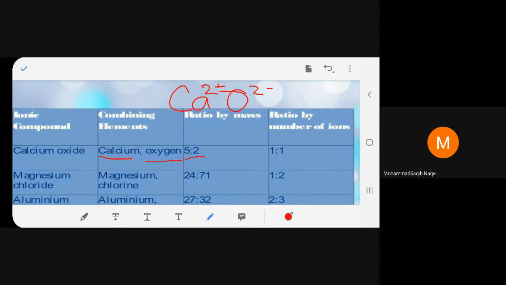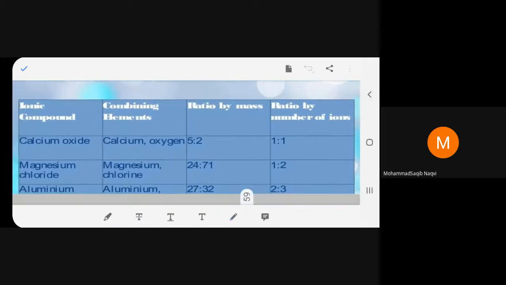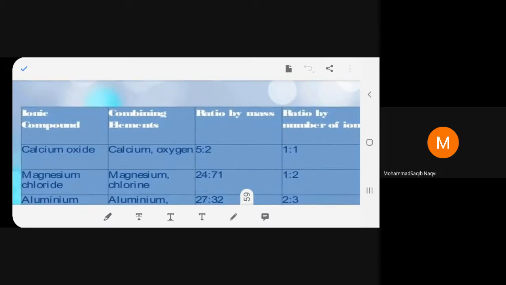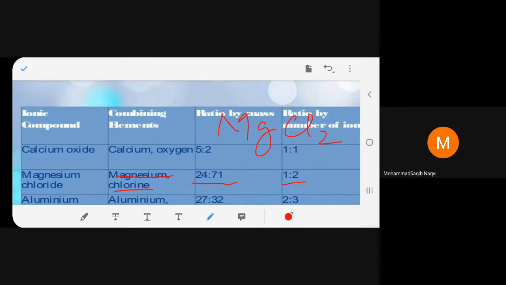So 1 is to 1 ratio. Magnesium chloride is made up of magnesium and chlorine. Ratio by mass is 24 is to 71, but the ratio of ions is 1 is to 2, because MgCl2. It is 1 and it is 2. Is it clear?